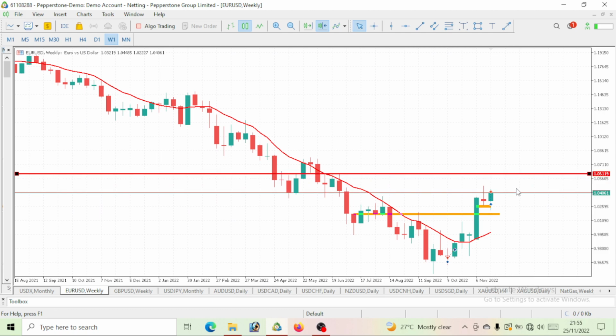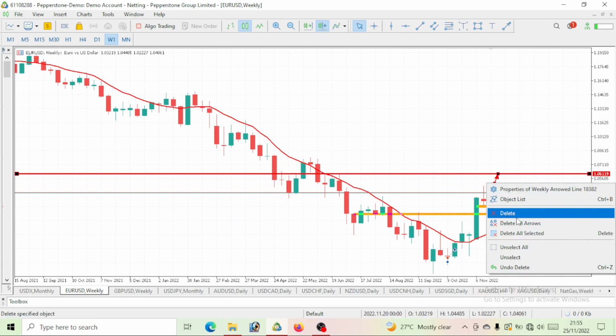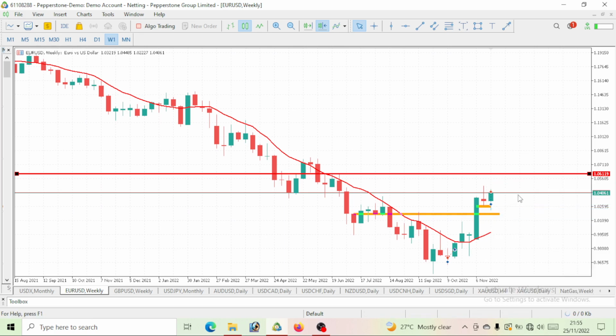If we can accomplish it all this week, then the following week we should be able to see it accomplished. Then once we accomplish this level, which is 1.06, we will start having a drop on Euro USD. As of now, we are still speculating a bullish move on Euro USD.